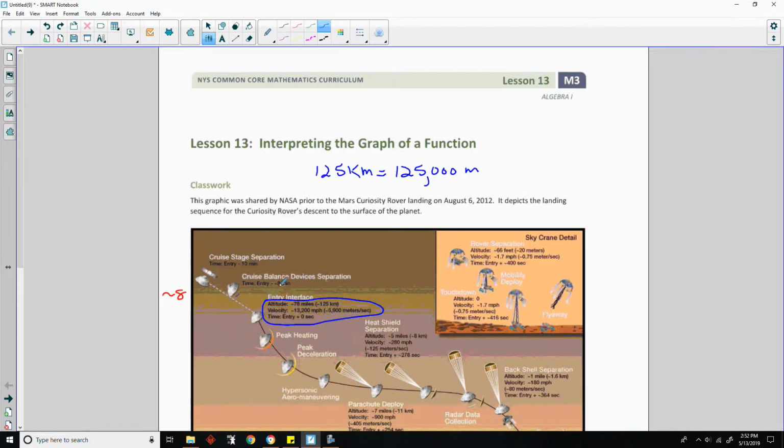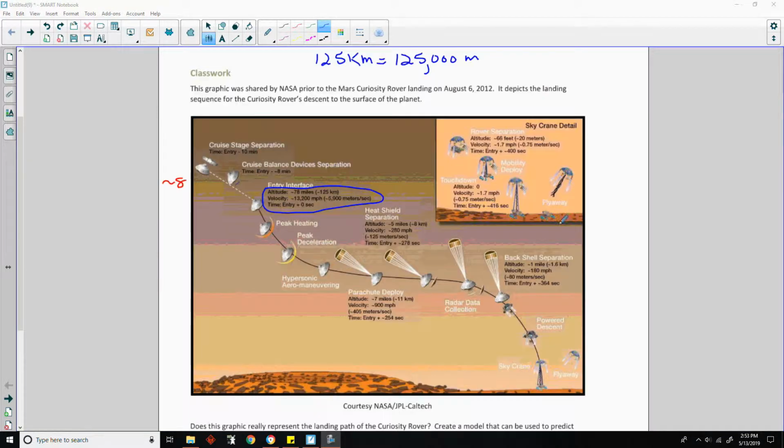Then the next one that we look at, okay, so I had to look around at this. Notice that this says time entry 0 seconds, time entry 278, 254, 364. Well, we're not going backwards in time, so to get from 0 to 278, we have to get to 254 first. This is less. So the parachute deployed before the heat shield separated. The order of this looks like it would go from here to here, but it doesn't.